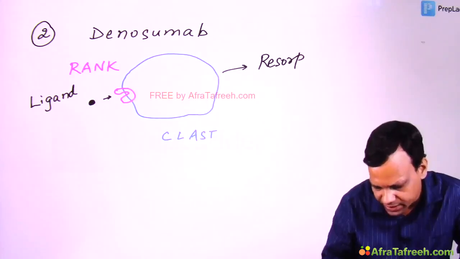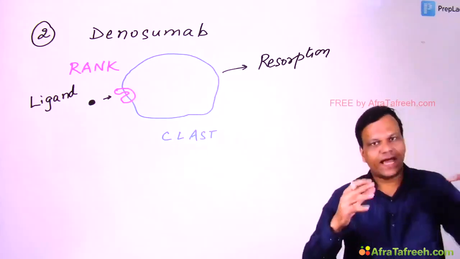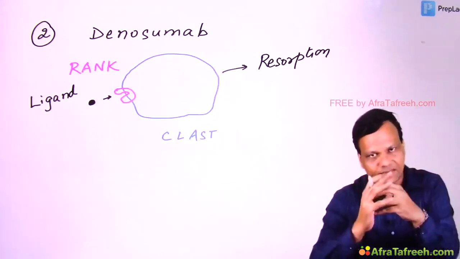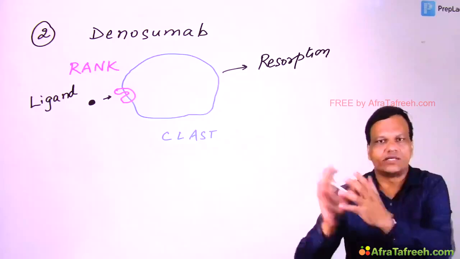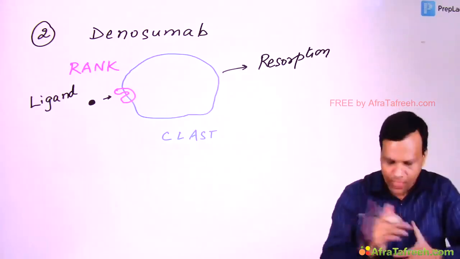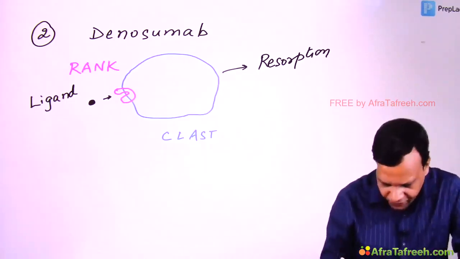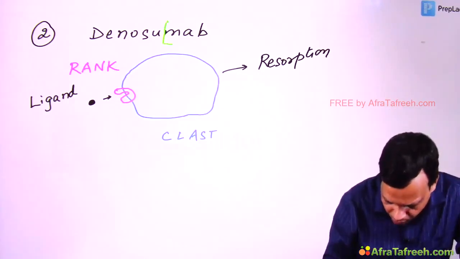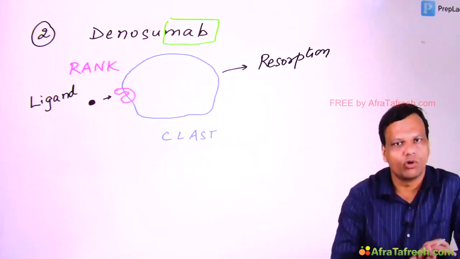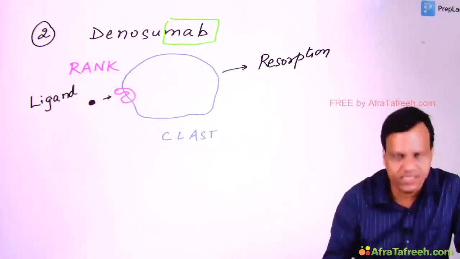So this is the normal thing. Whenever RANK ligand binds to the RANK receptor on the osteoclast, that leads to resorption of bone. Now, if we give a monoclonal antibody, denosumab is a monoclonal antibody against this ligand.